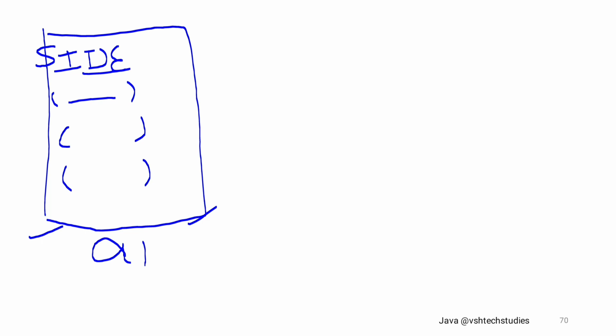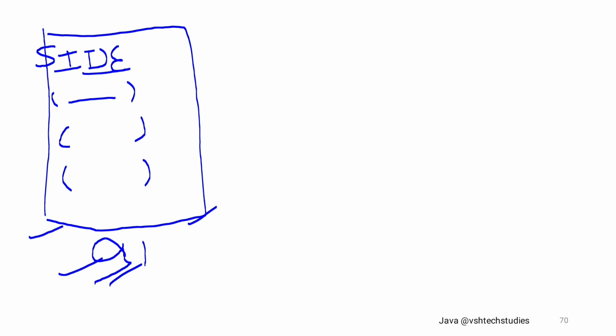Because the blueprint, the class square, had one data field, side, and three constructor methods, this object will also have the same. So for that, the memory space is allocated. At the time of creation of the object, the corresponding constructor will be executed.